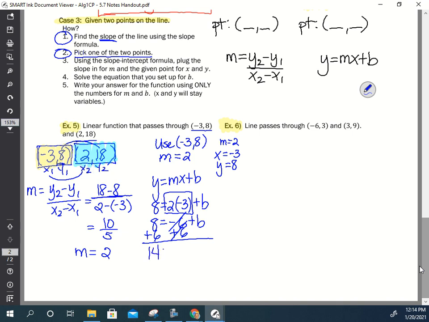So 14 equals b, which means your answer would have been y equals 2x plus 14. So that would have been your answer.